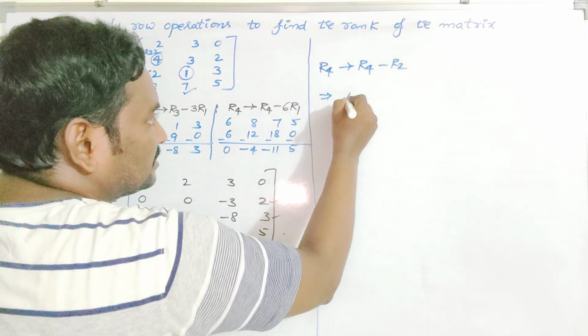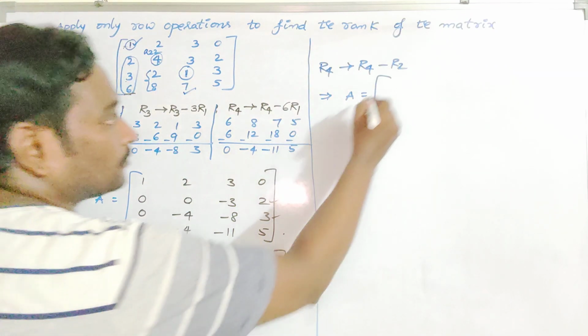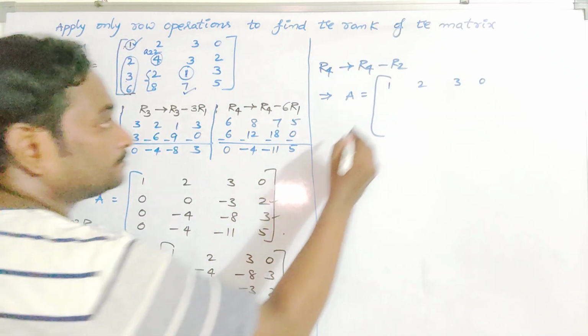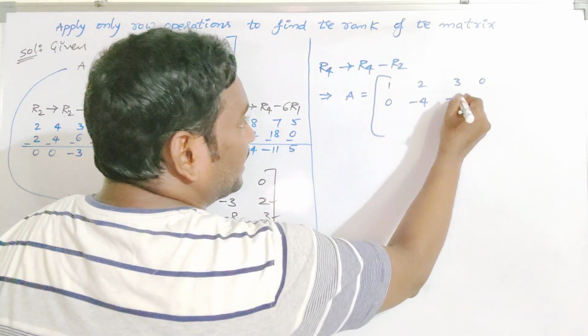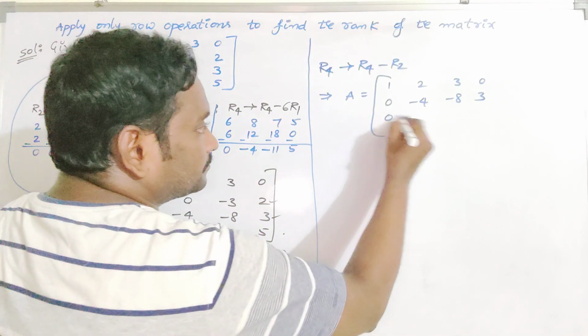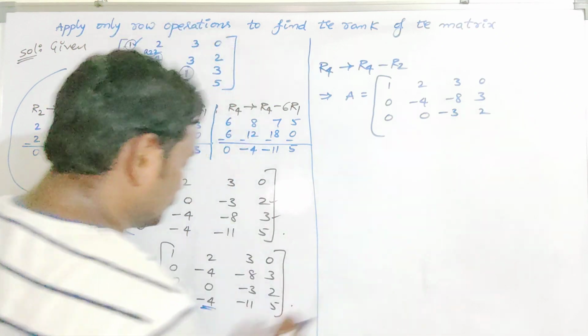With this operation, the first three rows of the above matrix A are the same: 1, 2, 3, 0. 0, minus 4, minus 8, 3. 0, 0, minus 3, 2.